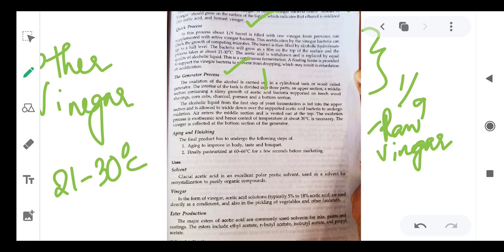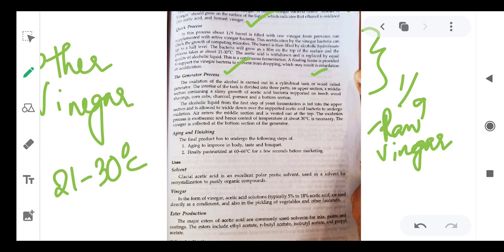Next is the generator process. The oxidation of the alcohol is carried out in a cylindrical wooden tank called a generator. The interior of the tank is divided into three parts: an upper section, a middle section containing a slimy growth of acetic acid bacteria supported on birchwood, and a bottom section.